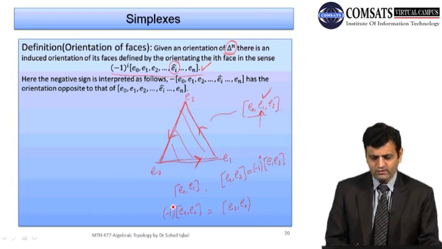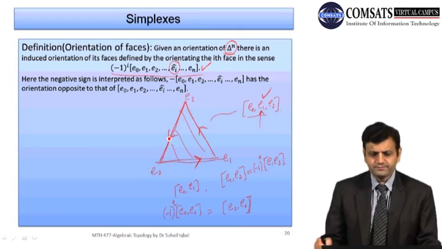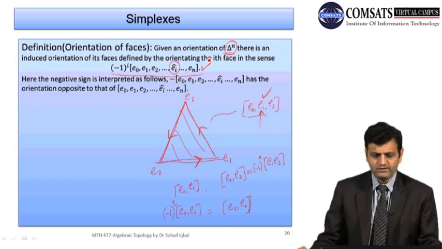So (-1)^1 makes this equal to minus of this thing, which is very compatible with our observation. Then I should add a negative sign in order to keep my orientations. Similarly, we can calculate oriented faces for other simplices.